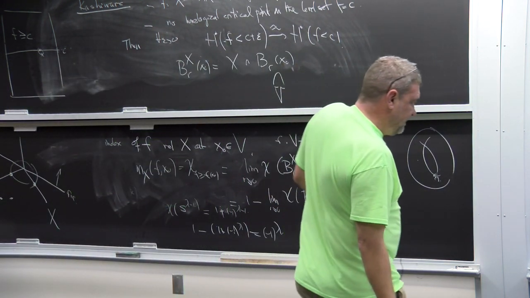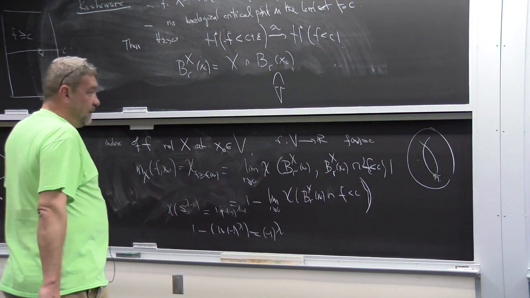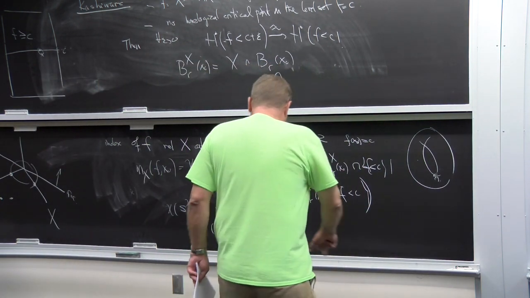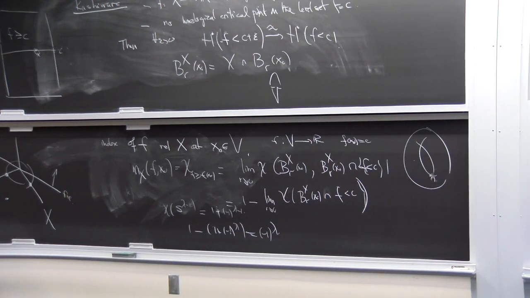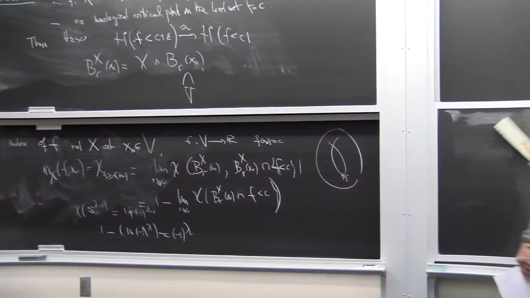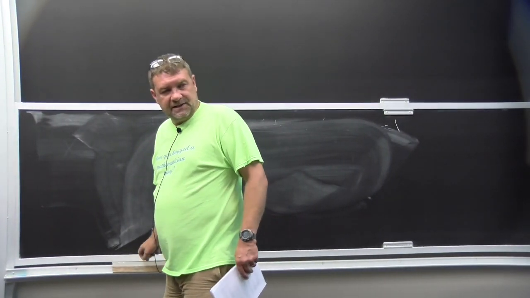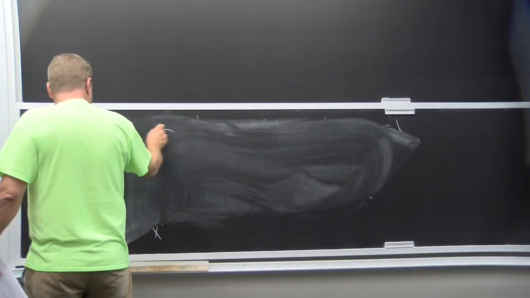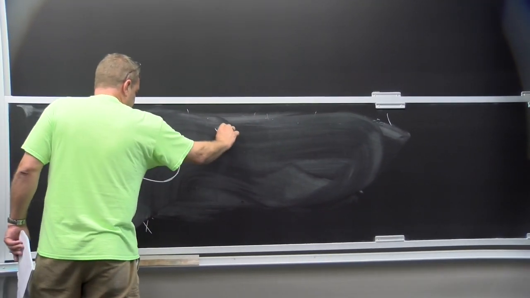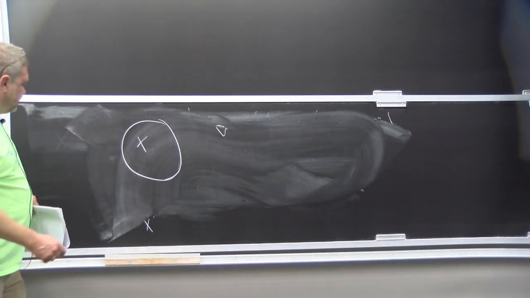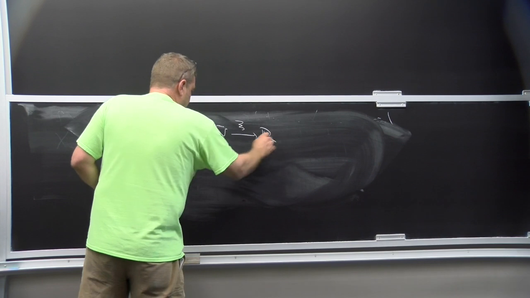Let me give another example, which is very useful. Suppose X is a convex set in the vector space V, and let's take C, a linear function.